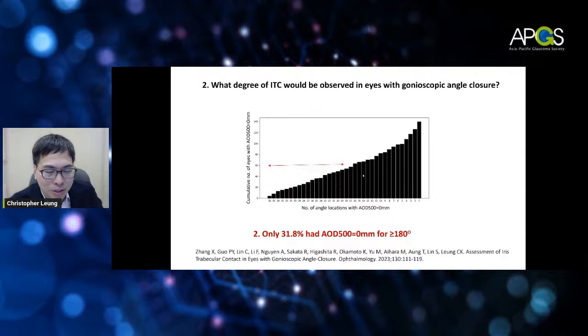So in other words, 2/3 of patients would not have anatomical angle closure if we adopt this definition.